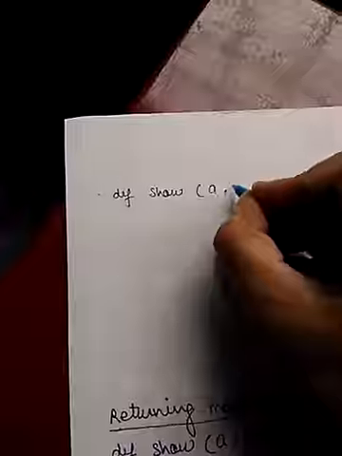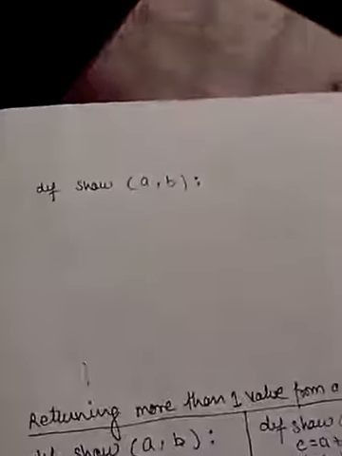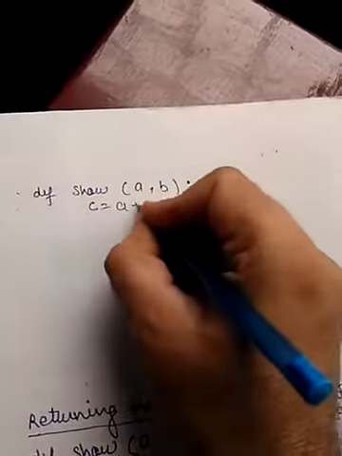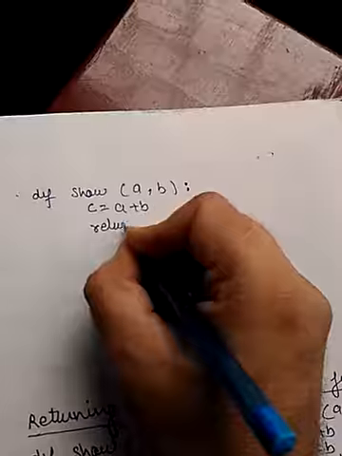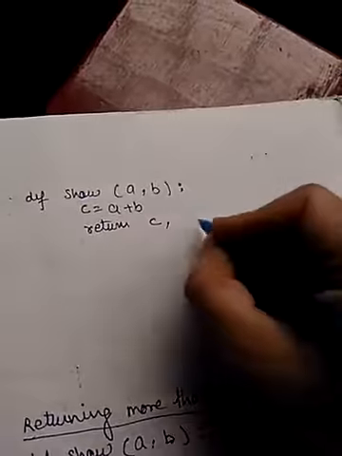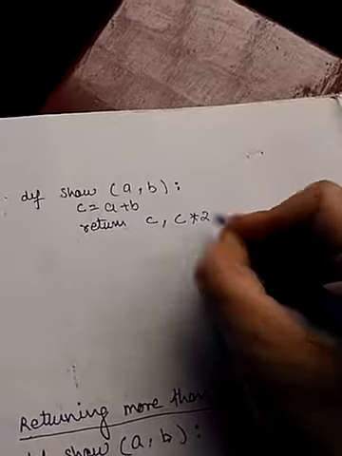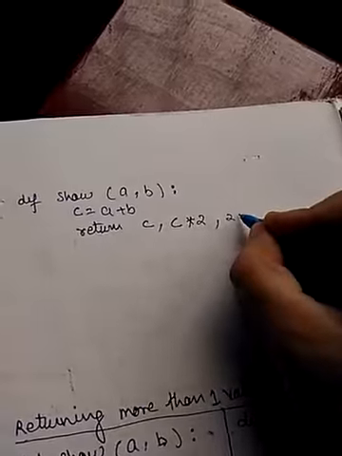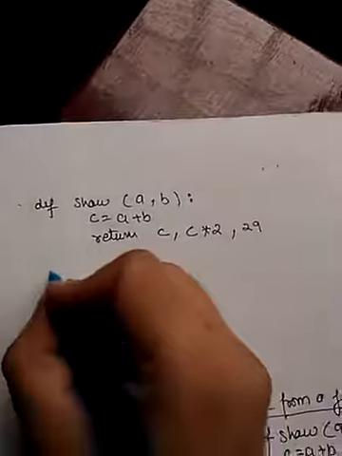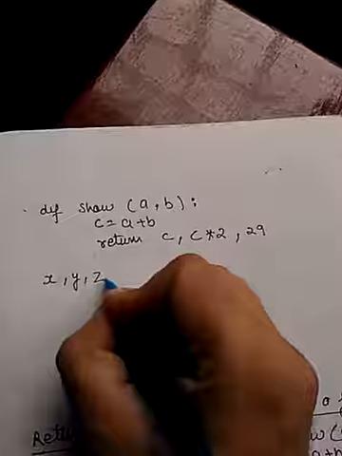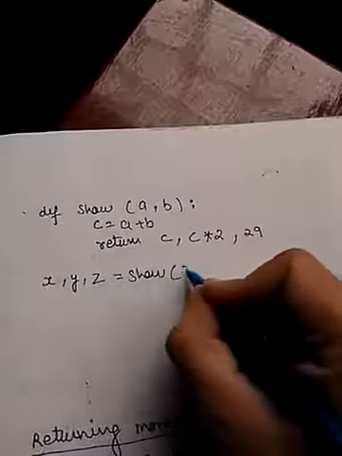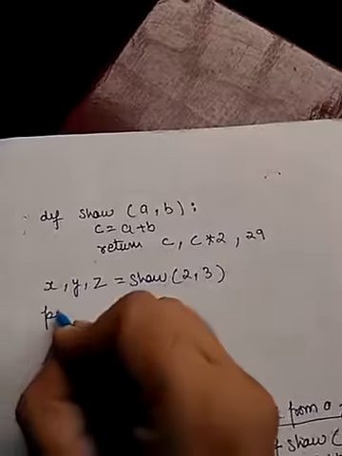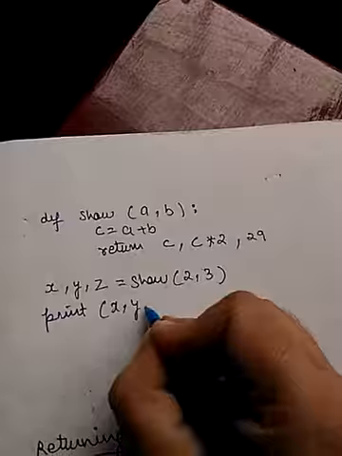Suppose you write def show(a, b): c = a + b, return c, c * 2, 29. Then x, y, z = show(2, 3), print x, y, z.